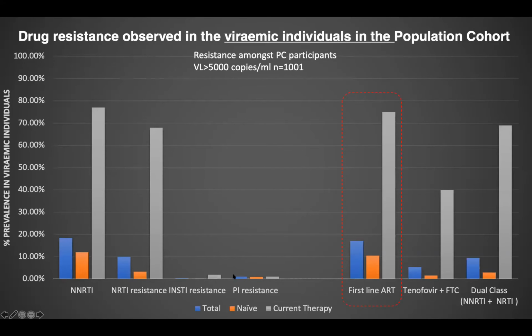And in PopArt, we've used this method to characterize the drug resistance, and identified relatively high rates of drug resistance in the different groups that we looked at. This is in the population cohort, which is quite a random sample.